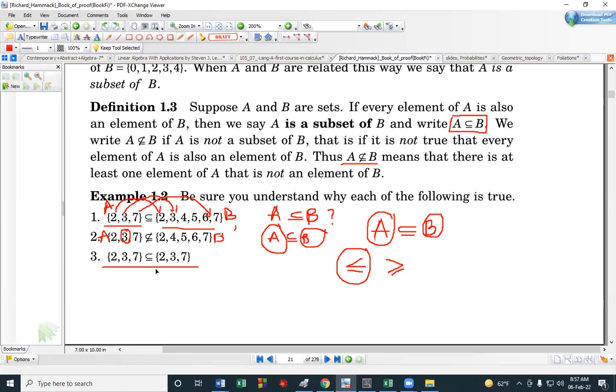So that's why this notation is standard. So now you can say a set is its own subset because it contains all of its elements, right?